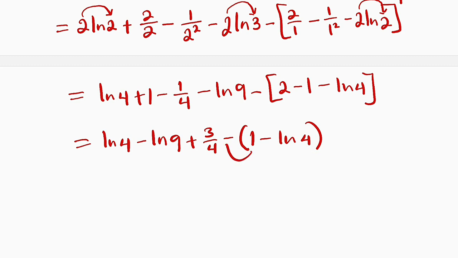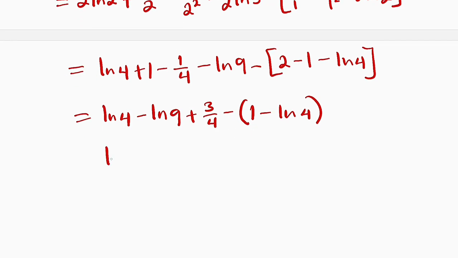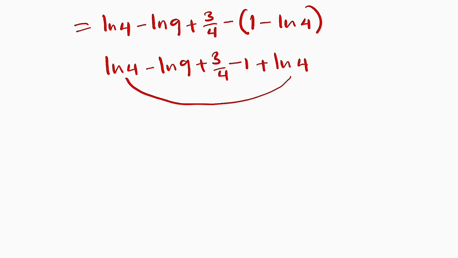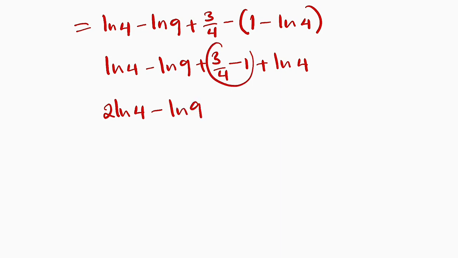If you expand this bracket, every sign will change. So we have natural log of 4 minus natural log of 9 plus 3 divided by 4 minus 1 plus natural log of 4. This and this are like terms, so we have 2 natural log of 4 minus natural log of 9. Then this, if you subtract, you're going to get minus 1 over 4.